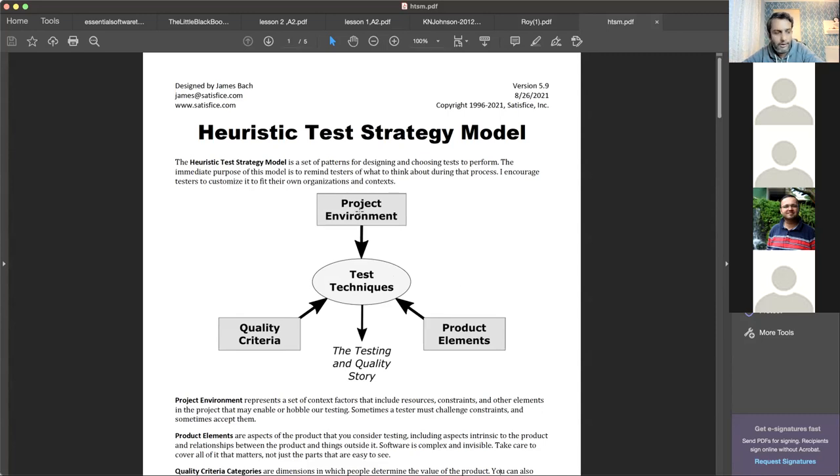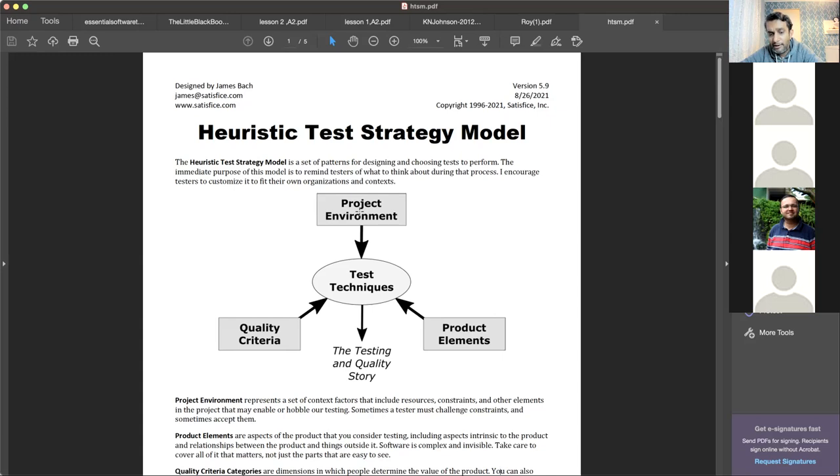Now when we talk about mental modeling, also when you're trying to visualize your testing, there has to be some sort of a structure, and this heuristic test strategy model gives you a very good background, a very good foundation to the structure that you are thinking about.